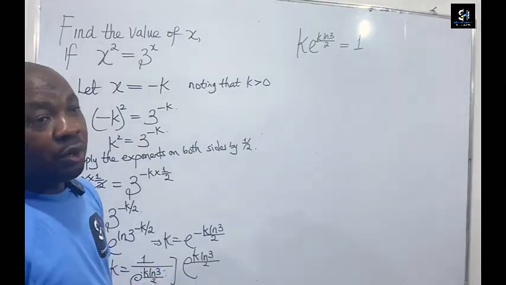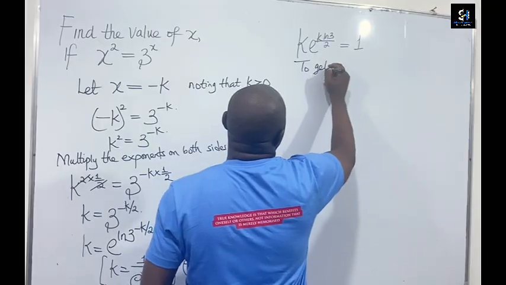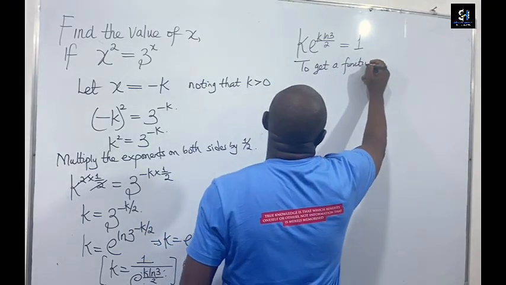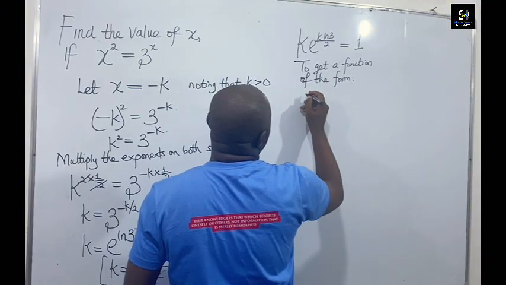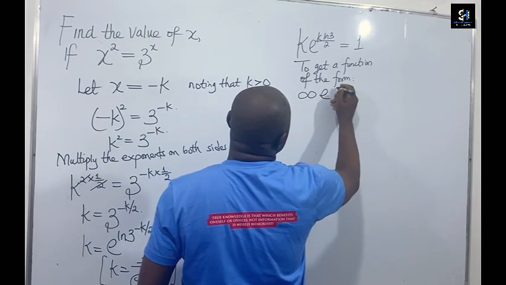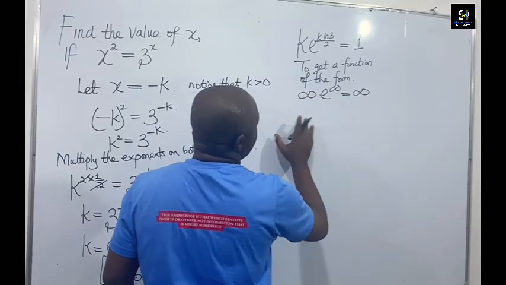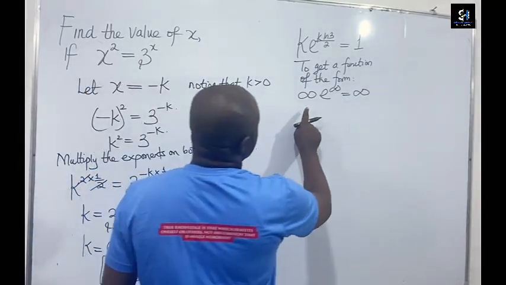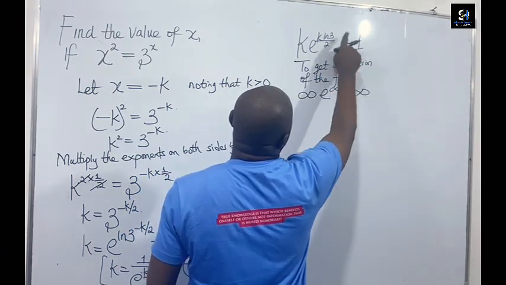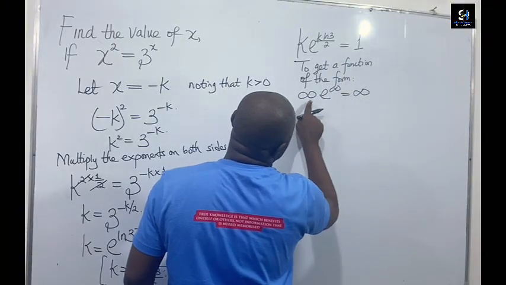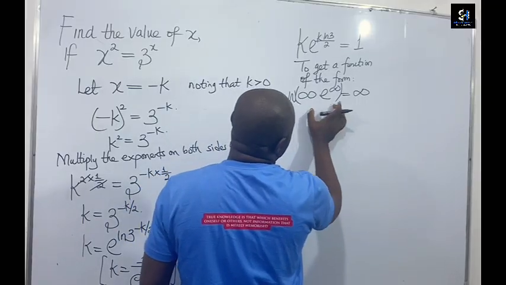So now, for us to use the Lambert W function, we know that we need to first manipulate this function to be in the form of a product of a variable and e raised to that variable. Then we find the Lambert W function of whatever we get.